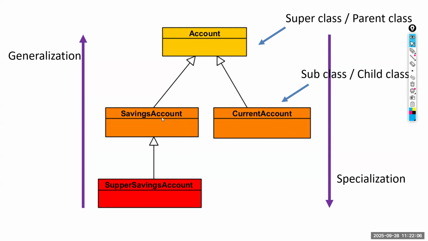And subclasses inherit non-private attributes and behaviors of the supertype or superclass. So the purpose is code reusability. And later, this hierarchy we can use for polymorphism. So remember, we can use polymorphism with inheritance, without inheritance. This is with inheritance. Without inheritance is use of interfaces.